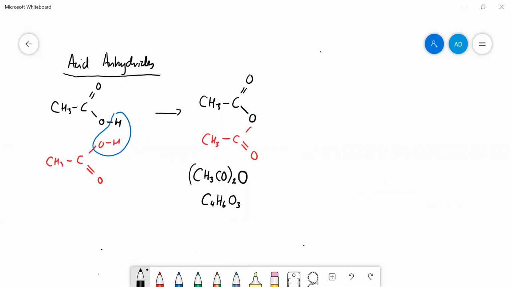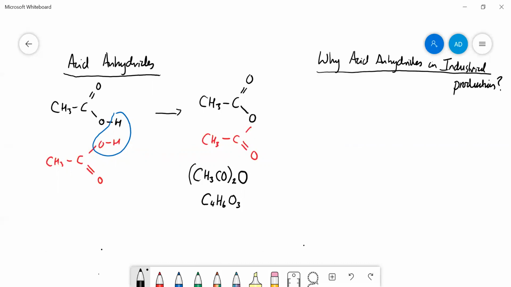Another point with acid anhydrides is they're quite often used to make esters in industry. And let's see why. Right, why? Carboxylic acids, if you react them with an alcohol, the reaction is slow, and you get an equilibrium reaction.